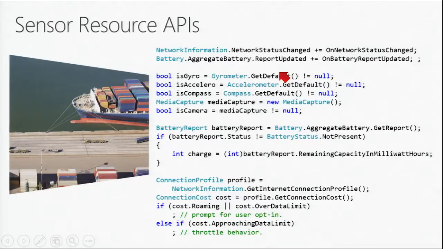And then there's a whole range, and again this is just a small subset, of different classes that represent sensors, like the gyrometer and the accelerometer and the compass and the camera and various other things. You would typically get hold of the thing and then check to see if it's null, because it might be null either because there isn't one on the device, which you would obviously want to know, or because you don't have access to that thing at this particular point in time.